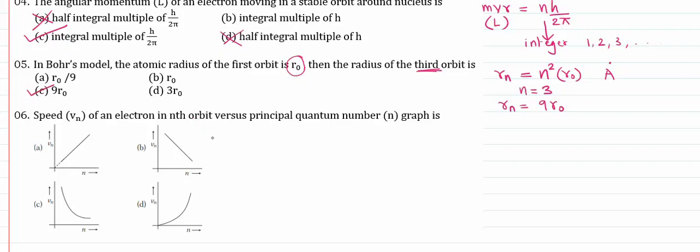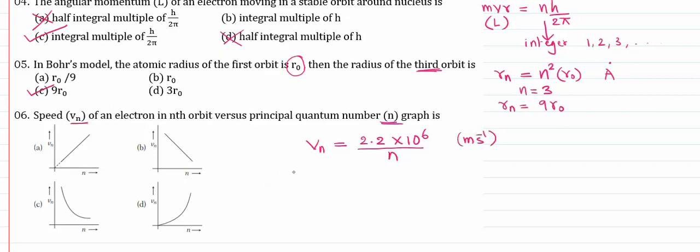Next, sixth one. Speed of an electron in nth orbit versus principal quantum number n. A graph is given. Now we know, again this shortcut you can remember, it will be helpful for your competitive exams. Velocity in nth orbit is given by Vn equal to 2.2 into 10 raised to 6 divided by n, in meter per second.